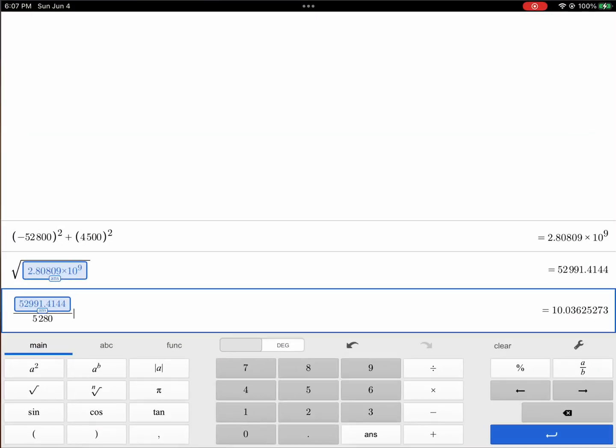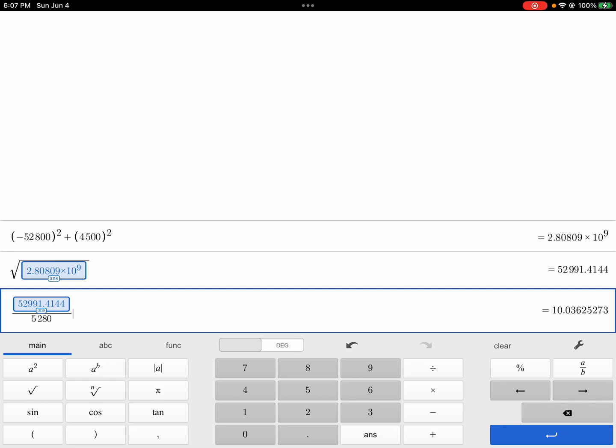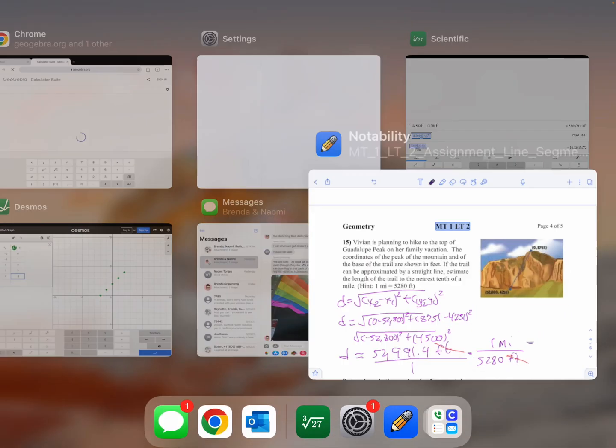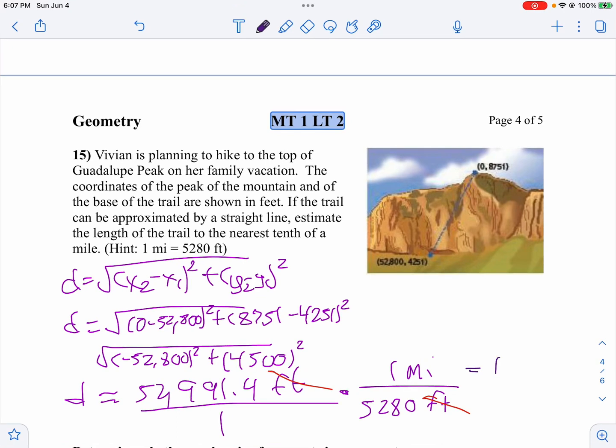So rounded to the nearest tenth, that would be 10.0. If you write 10, you round it to the nearest mile. It's 10.0 because that 0 is a rounded number. So we know it's a little bit over 10. So I'm going to say 10.0 miles is what we should have for question number 4.